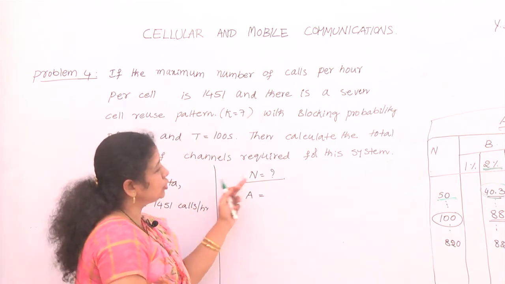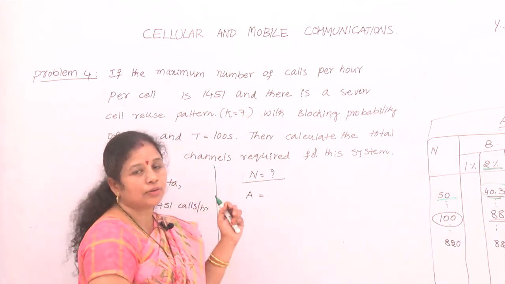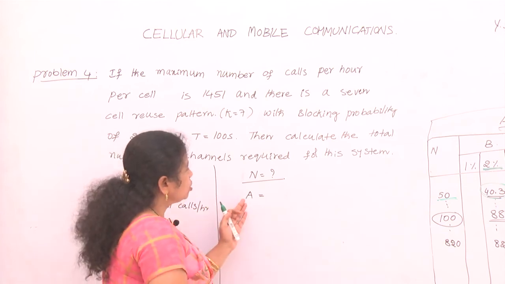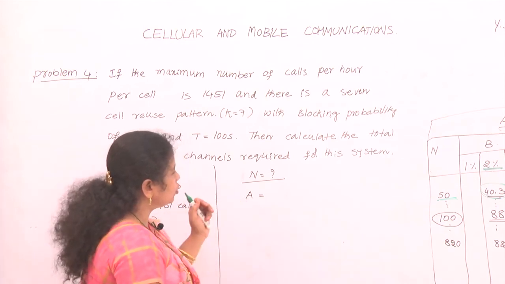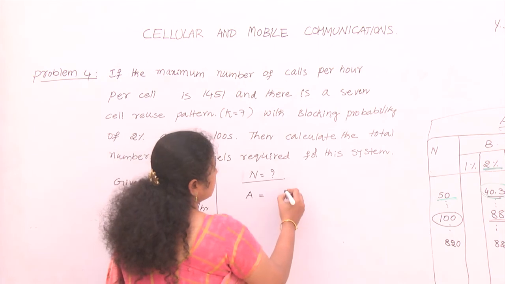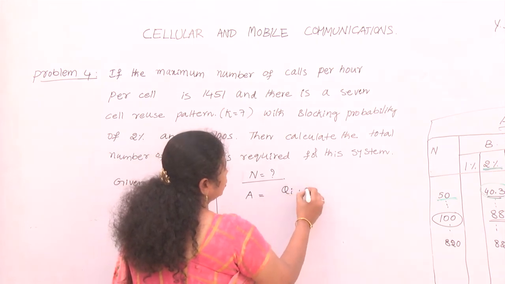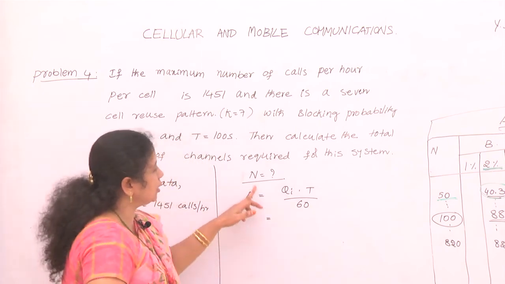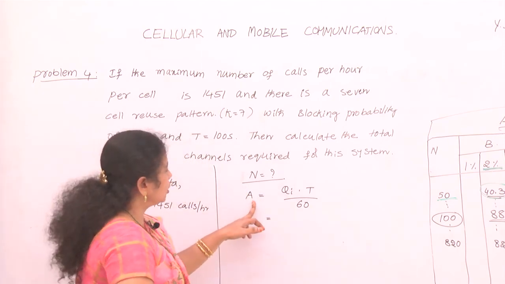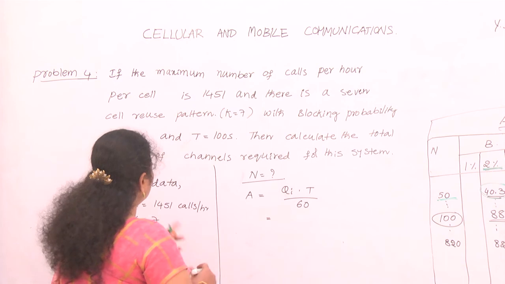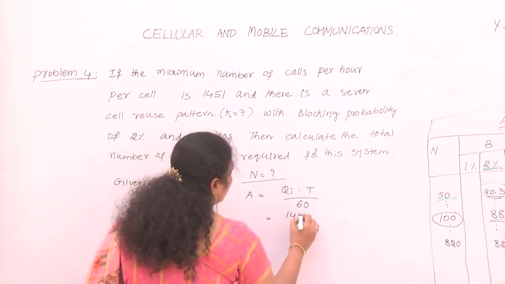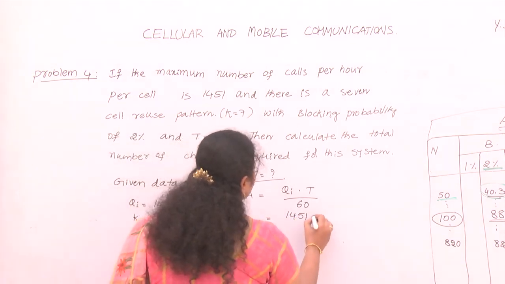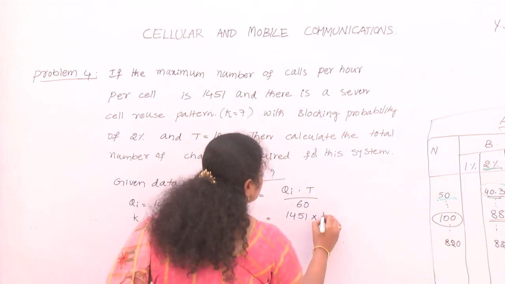In order to calculate the number of channels required in a particular cell, we use this formula, A is equivalent to Qi into T by 60. So first we need to calculate the offered load. Here the value of Qi is given as 1451 and the time duration is 100 seconds.